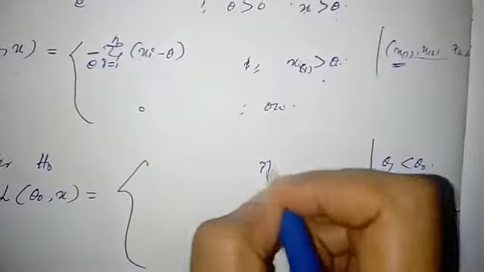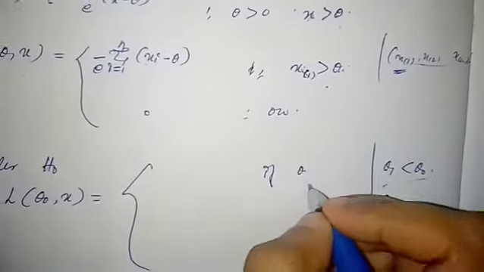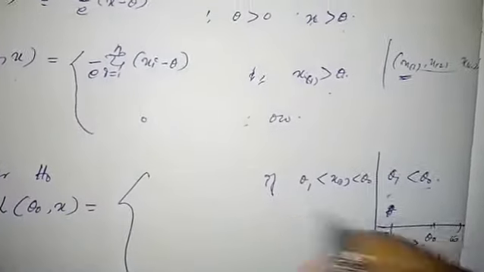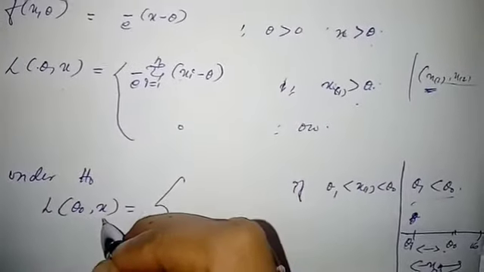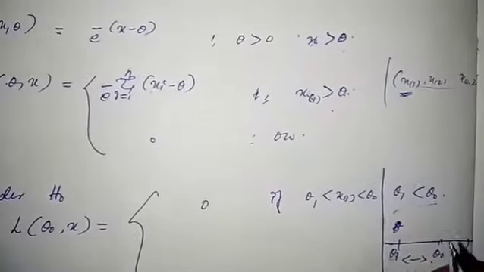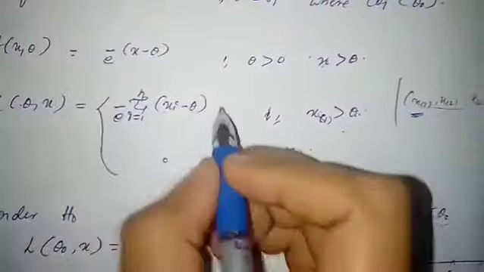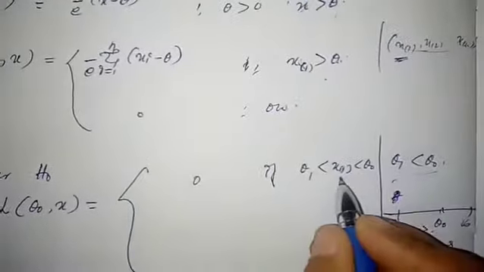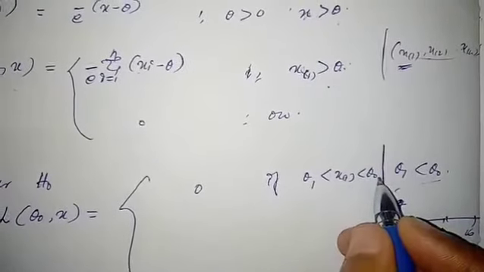If theta 1 is less than x1 is less than theta naught, then the likelihood under H0 is 0, because under H0 the support starts at theta naught, but here x1 is less than theta naught.